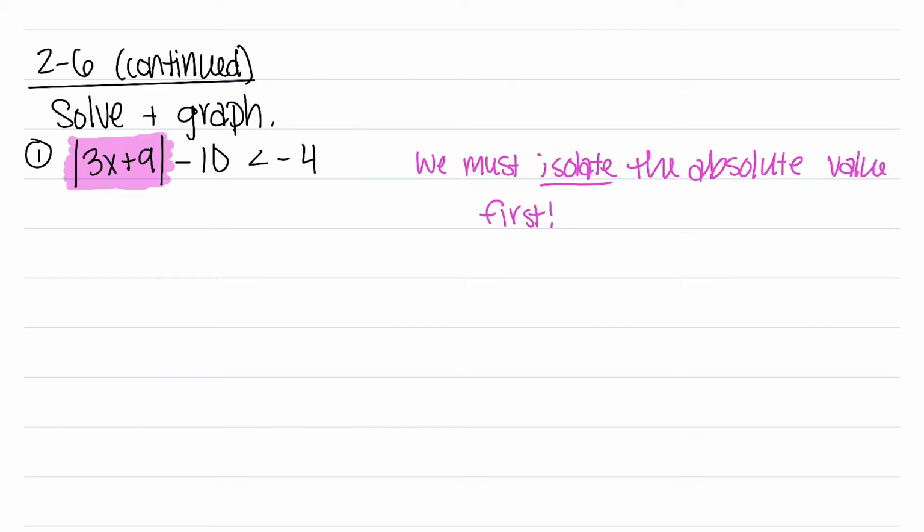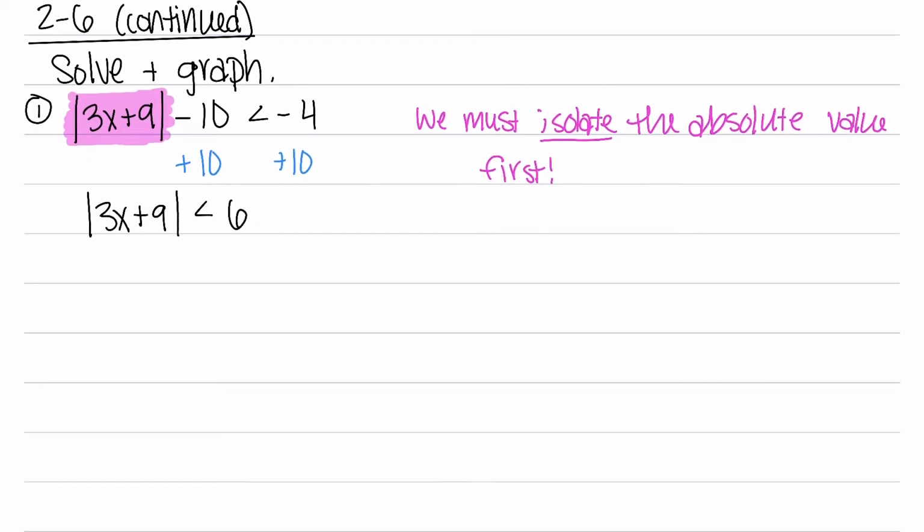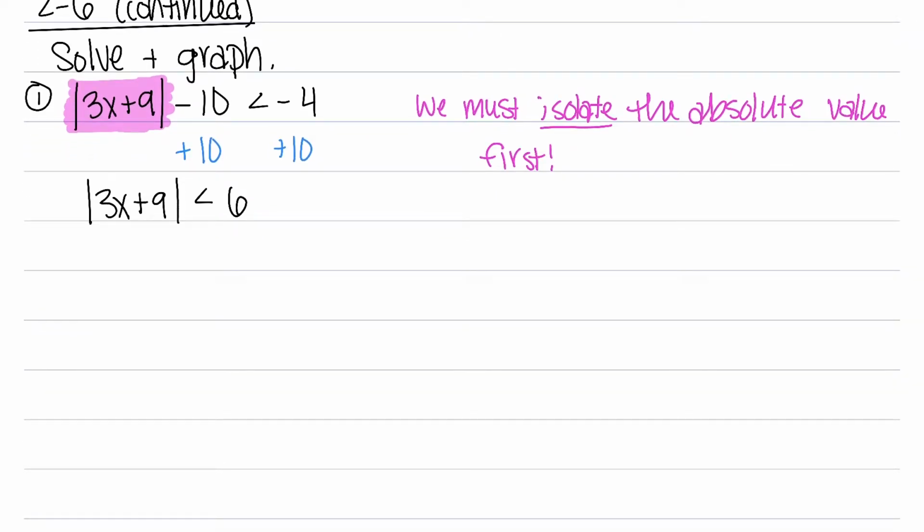Okay, so we're going to start by adding 10 to both sides. Now I have absolute value of 3x plus 9 is less than 6. Now I can decide and do all the steps we did before. So I decide on my word by looking at my symbol. This is a less than.